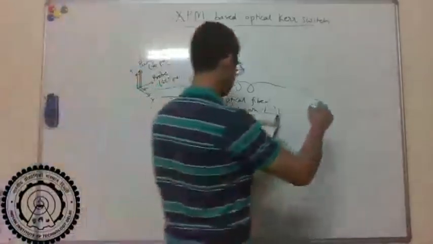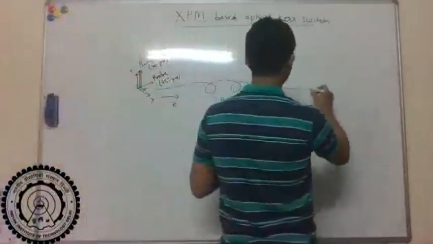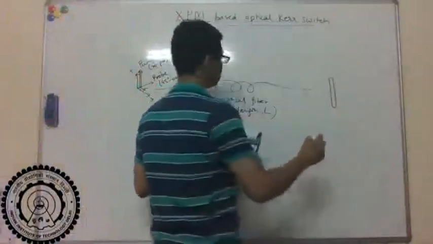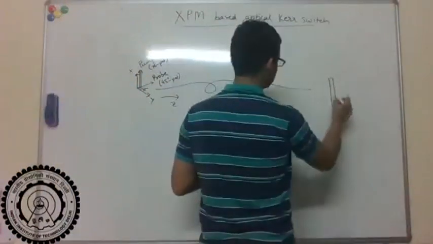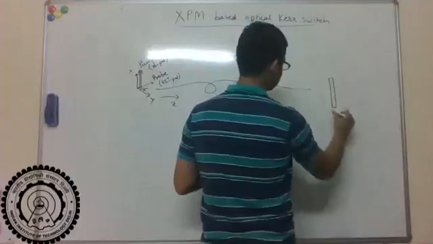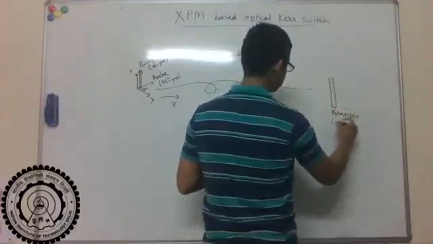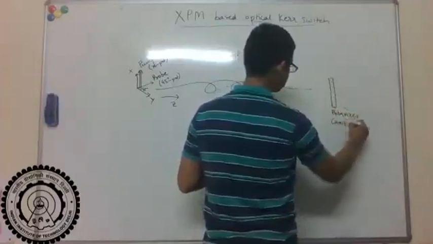And then in the output, we put a polarizer whose axis is orthogonal to the input probe.